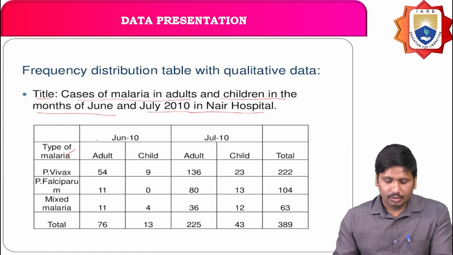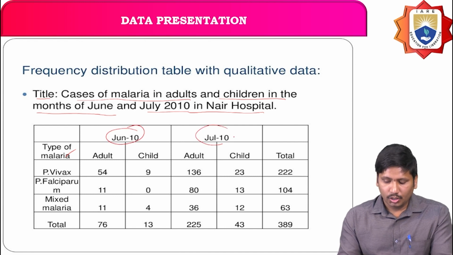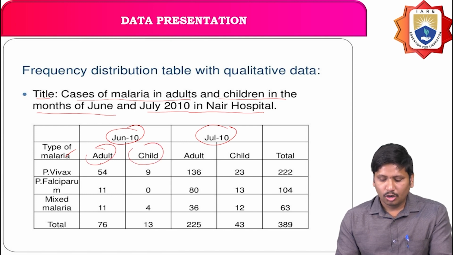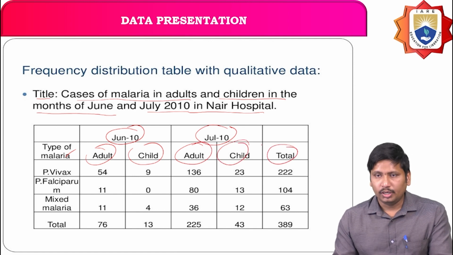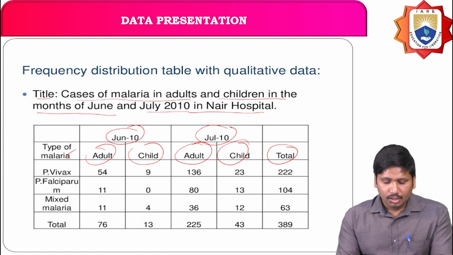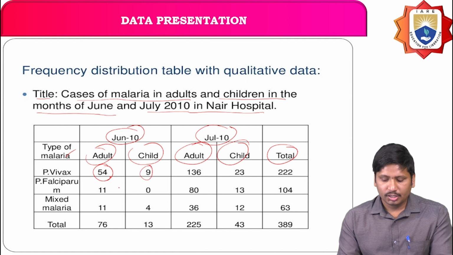Let me take the type of malaria in the June month and then the July month. Under June, how many adults are there, how many children, and another column, total. Vivax is the case I found. In adults it is 54, in children it is 9.